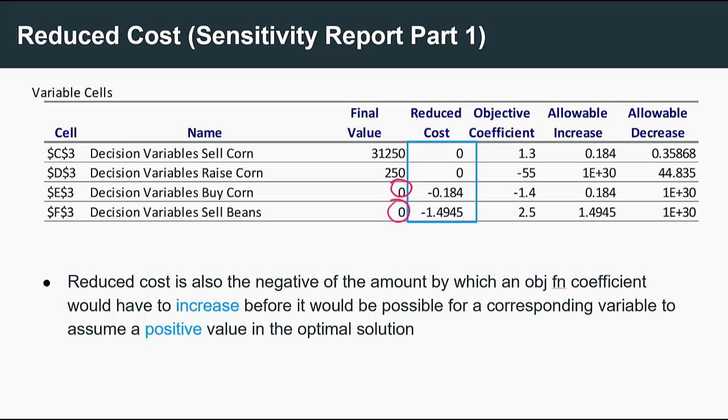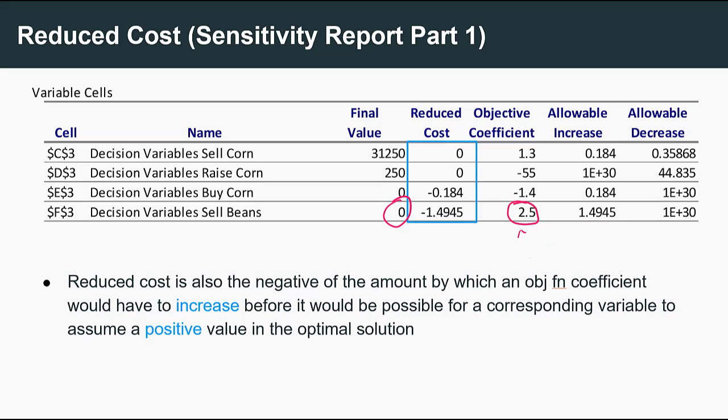It is telling you the amount by which the objective coefficient, for example this 2.5, has to increase before it is possible for this variable to assume a positive value. For example, if the increase in the soybean selling price is $1, so that it becomes $3.5, then this value will still be 0 because this increase is smaller than the 1.495.